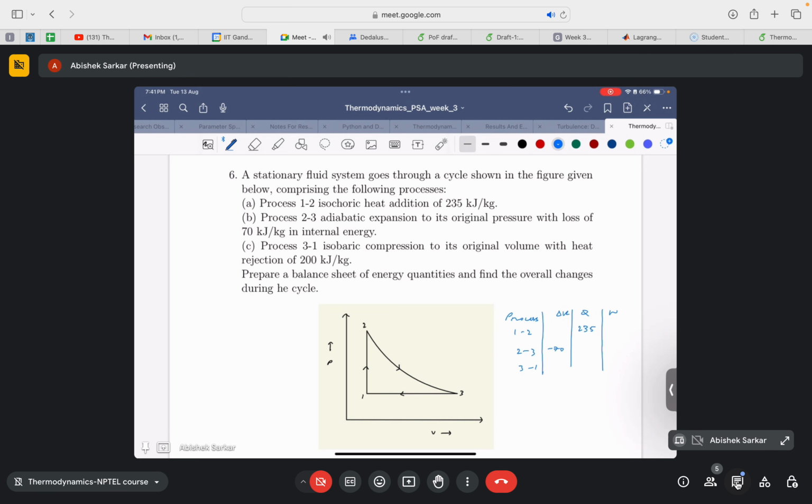It's a loss of internal energy. Q is 0, since it is adiabatic. For 1 to 2, isochoric heat addition, so work done will also be 0. You need to find delta U. So this is a question mark. For process 3 to 1, isobaric compression to its original volume with heat rejection of 200 kilojoules, so Q is minus 200. Now both are question marks, so you need to find both of them.